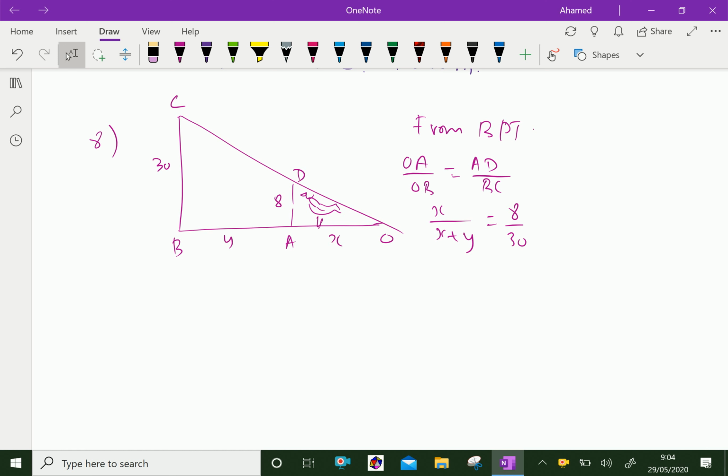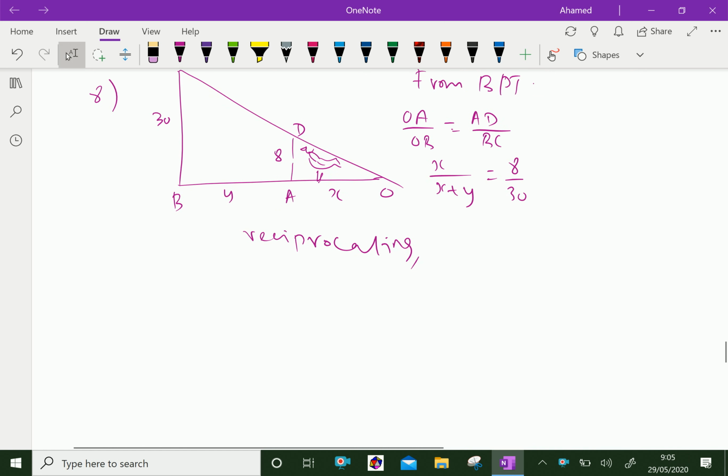Now taking the reciprocal of both, by reciprocating the relation, we can say x plus y over x equal 30 over 8.